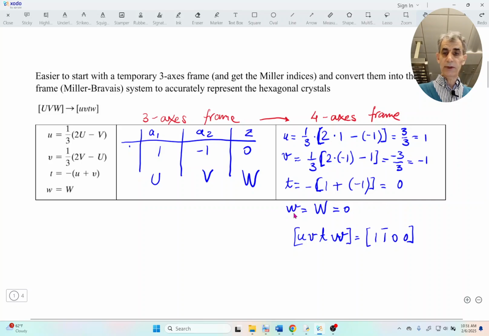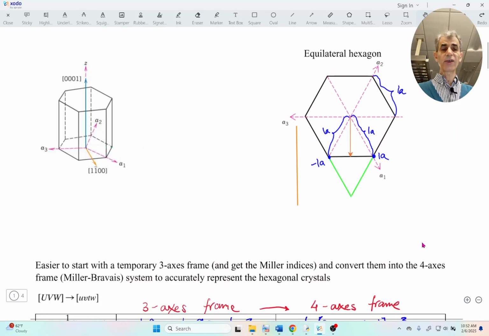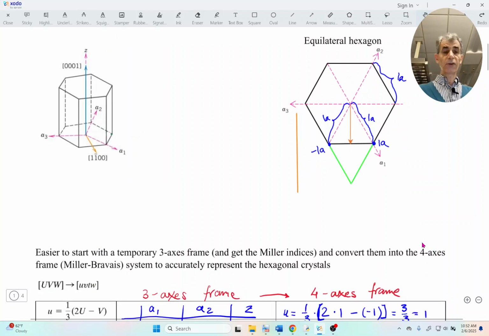And w is probably the easiest because small w is equal to capital W, which is 0. So now we have 1, -1, 0, and 0. As we recall, we put the negative sign on top as a bar, so we have 1 bar, 0, 0 indices.